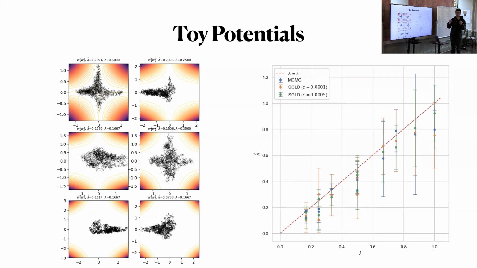This is asking whether SGLD is sufficient. Can we actually detect the correct local complexity? So we run this on toy potentials, and normal crossing form has a special place in SLT.